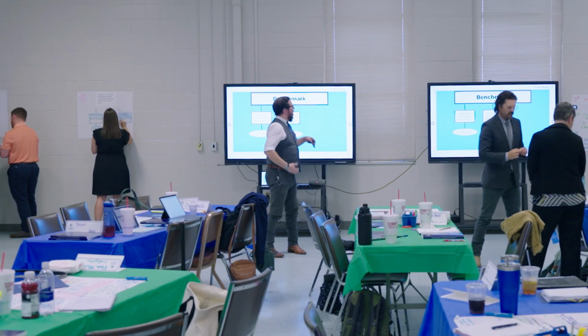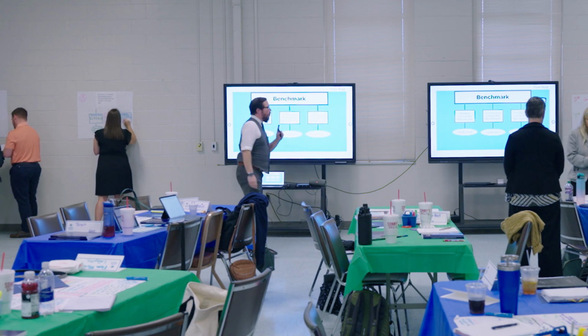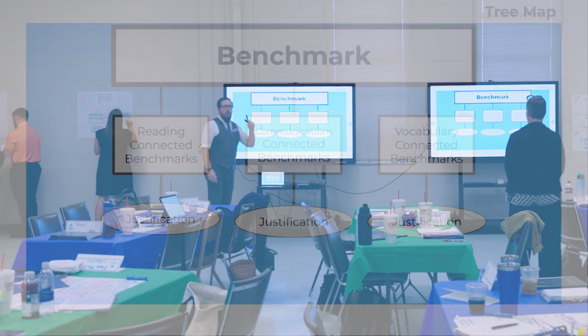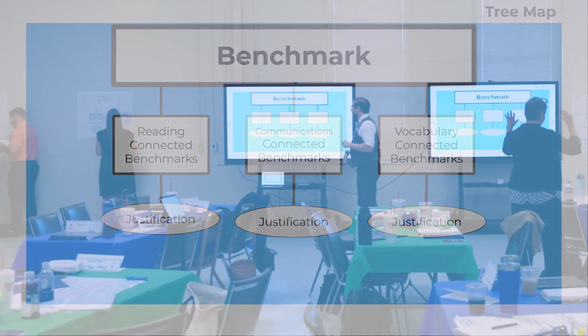All right. Now that you've had some time to review what came before, we're going to add one more leg, one more piece of our tree map here. This time I want you to look at those vocabulary benchmarks, see if there are any that connect, jot them down on a new leg, on a new branch, we could say, since it's a tree map, a new root, since it's going down, and justify.